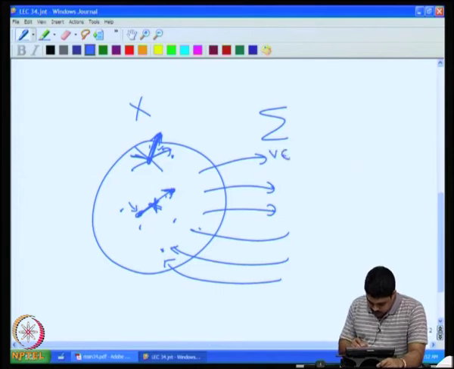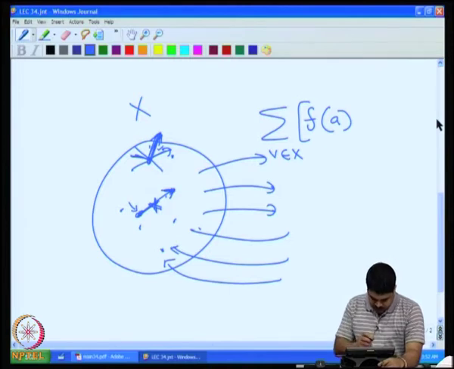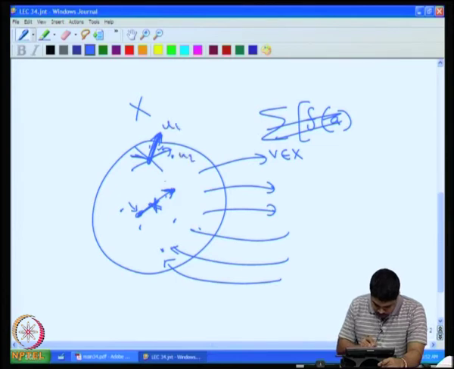In other words, for each v element of X, I sum over, suppose these are u1, u2, u3, u4.